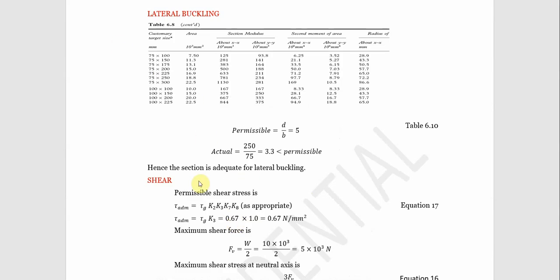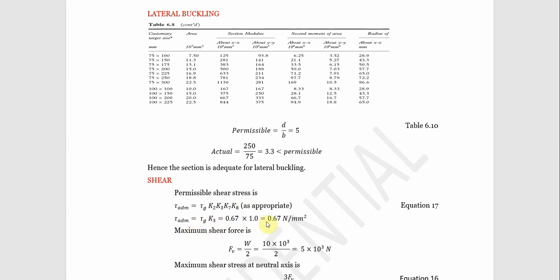Also we check for the shear. The permissible shear stress is TADM because of this. So we are using the appropriate K factor. For this instance, we only need K3.